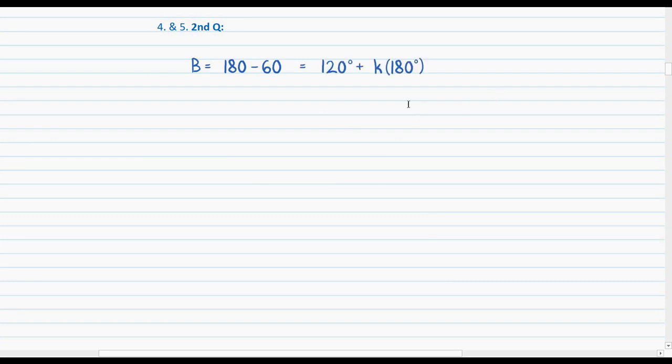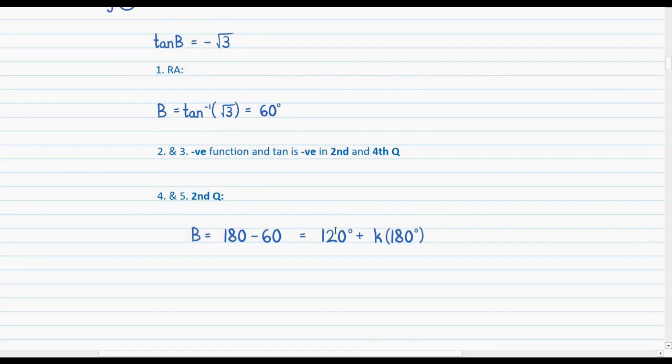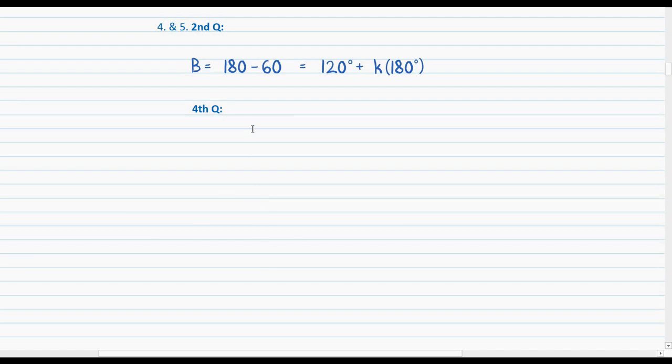And then I just automatically coupled it with the extra step of adding in multiples of the relevant period, where since we're dealing with tan in this case, the period is 180 degrees. Then for the fourth quadrant, it would be 360 minus 60 degrees, giving a value of 300 degrees plus k times 180.